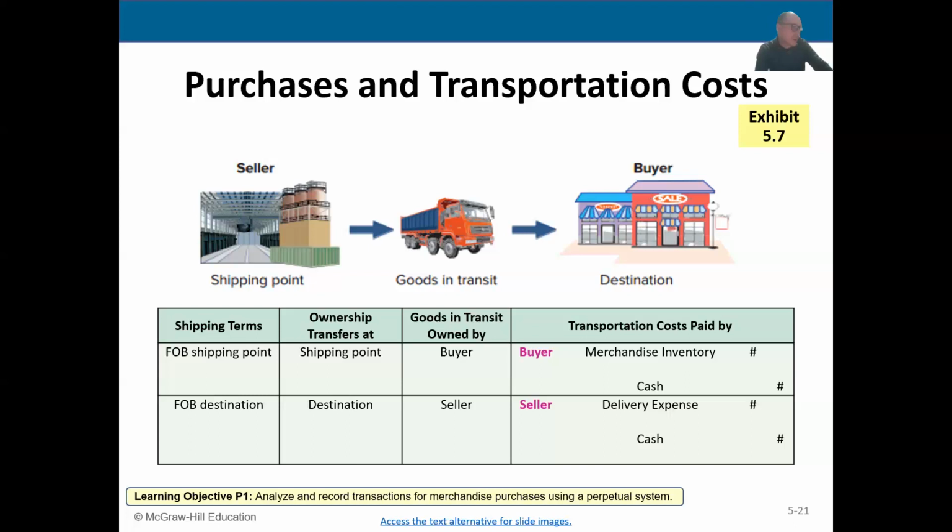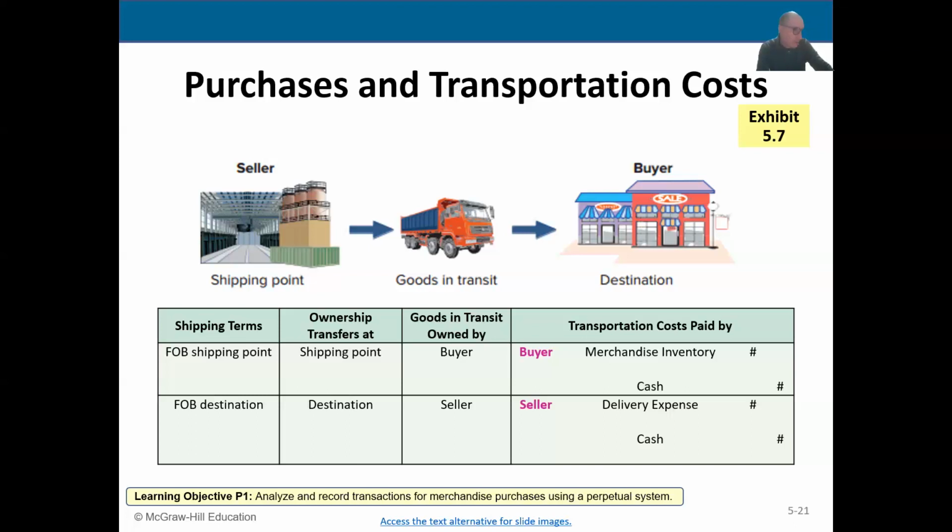This translates into two different types of transactions. If the buyer is responsible for the shipping, the buyer will debit merchandise inventory to increase the value of the inventory by the shipping amount, the cost of shipping. And they'll credit cash to pay for the shipping. That's an important designation, you see.